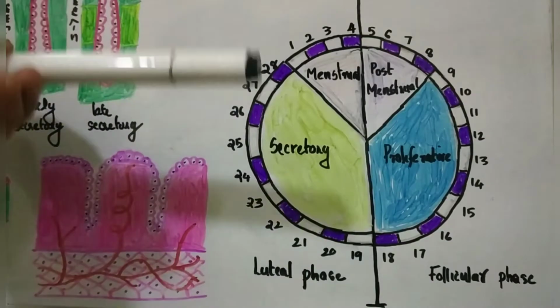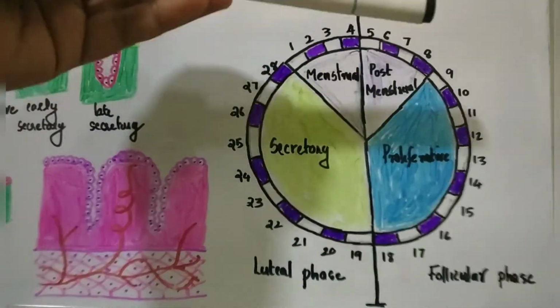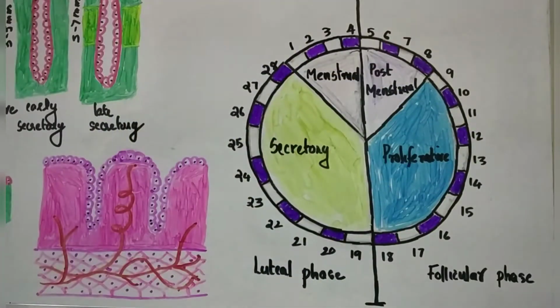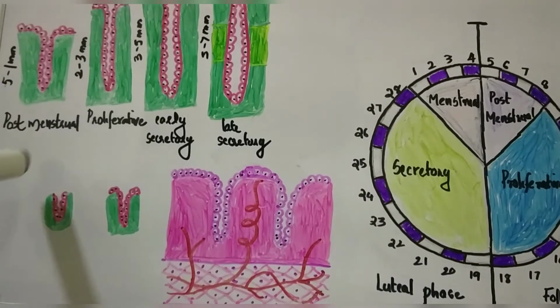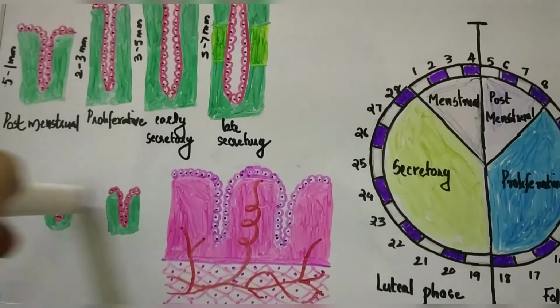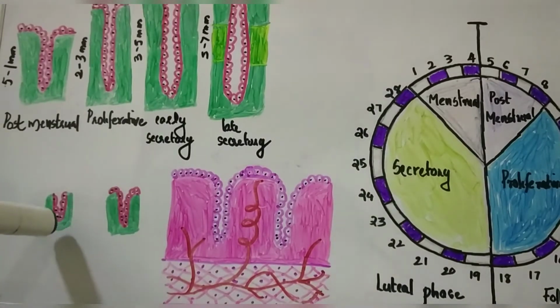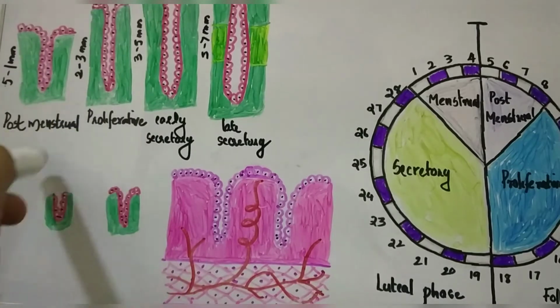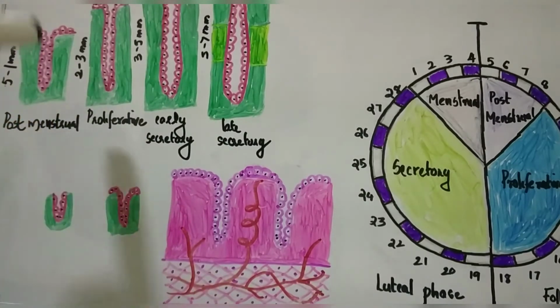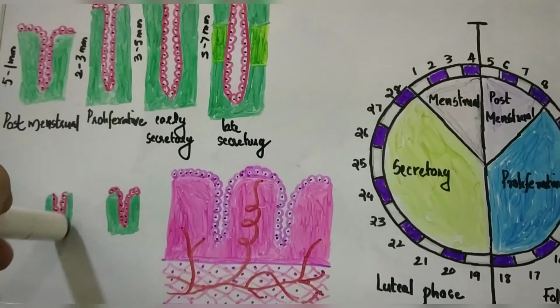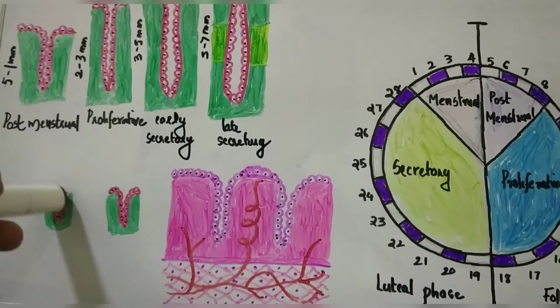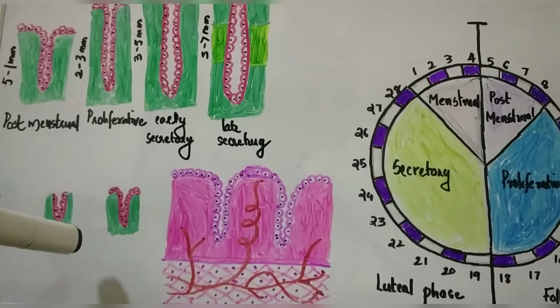After the menstrual phase is the post-menstrual phase. During the post-menstrual phase, only the lower 1/3 of the endometrium remains. The upper 2/3 is shed off during the menstrual flow. The lower 1/3 along with the lower part of the uterine glands remains.